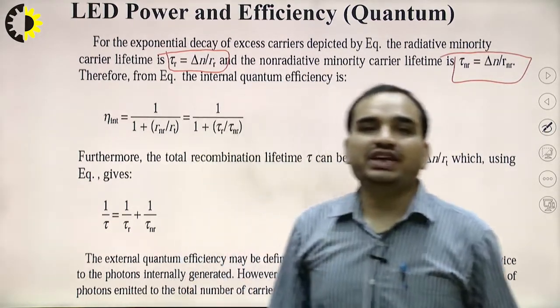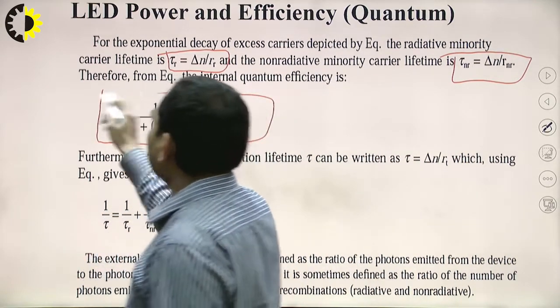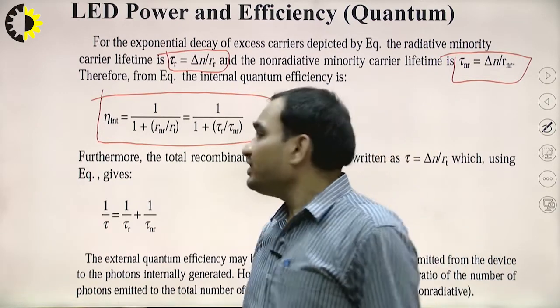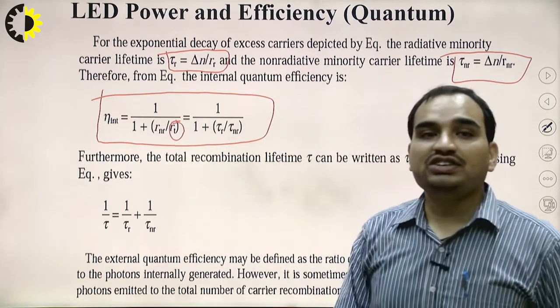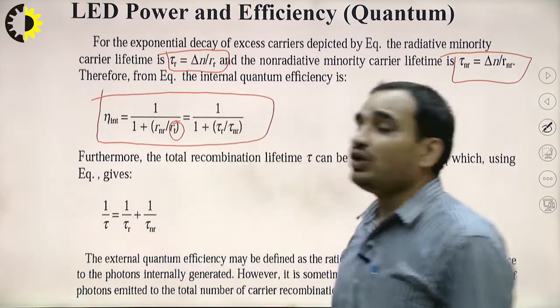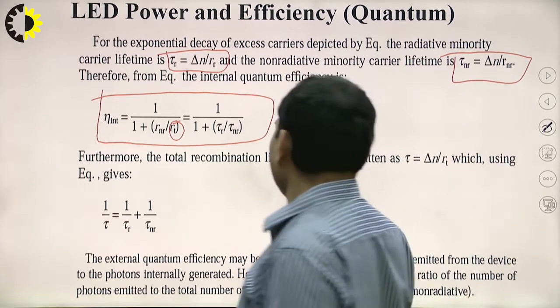Therefore we can write the internal efficiency η_internal equals 1 by 1 plus R_NR by R_R, which can be written further as 1 by 1 plus τ_r by τ_nr.